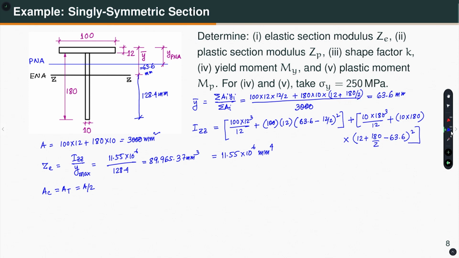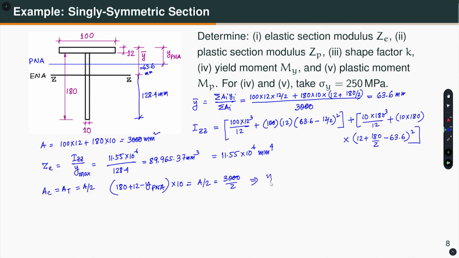Then I can write 12 plus 180, the whole thing, minus y p n a, multiplied by its thickness, and that must be equal to the whole area by 2, that is 3000 divided by 2.